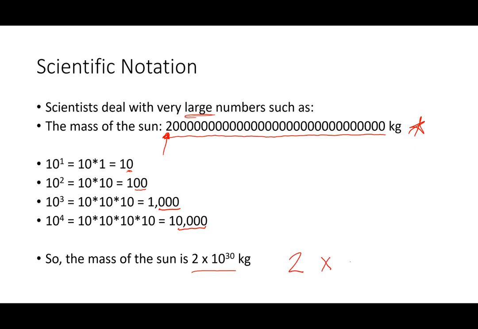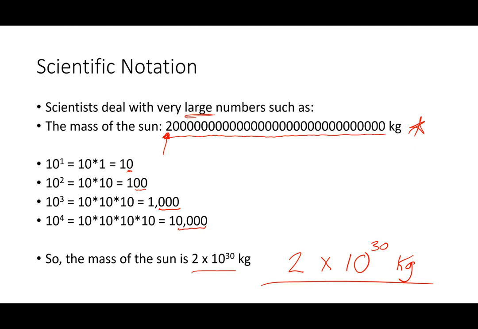So to do that, we just take this 10 and raise it to how many zeros we want behind it, and that will be 30. And then don't forget your unit, which is in kilograms. All right, so it's simple enough. We're going to do a lot of practice on this.